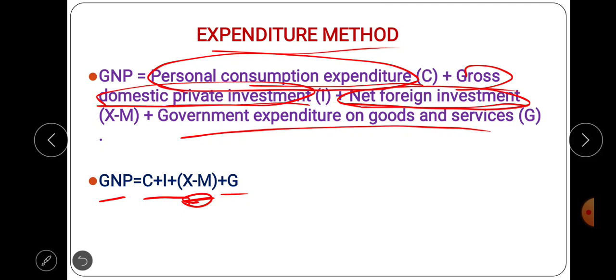So the difference between the value of exports and that of imports should be worked out. If this difference is positive, it should be added to the other items of the expenditure, and it should be deducted from other items of the expenditure if the difference is negative. Okay, so this is about the net foreign investment.